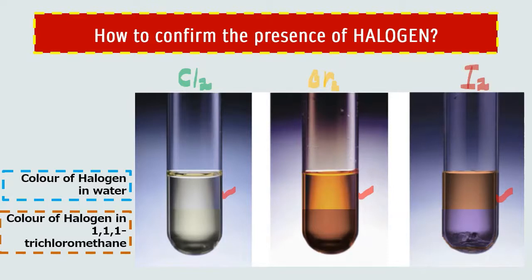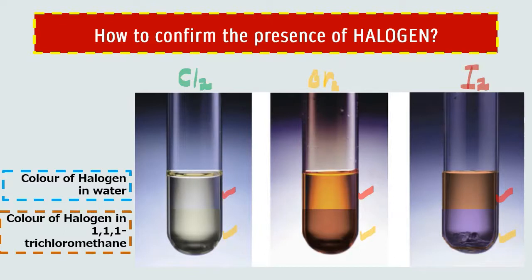But if we add 1,1,1-trichloromethane into the halogen, chlorine mixed with 1,1,1-trichloromethane will produce an almost colorless or very pale yellow color, while bromine in 1,1,1-trichloromethane will show a very bright brown or orange color, while iodine in 1,1,1-trichloromethane will form a purple layer at the bottom of the test tube.